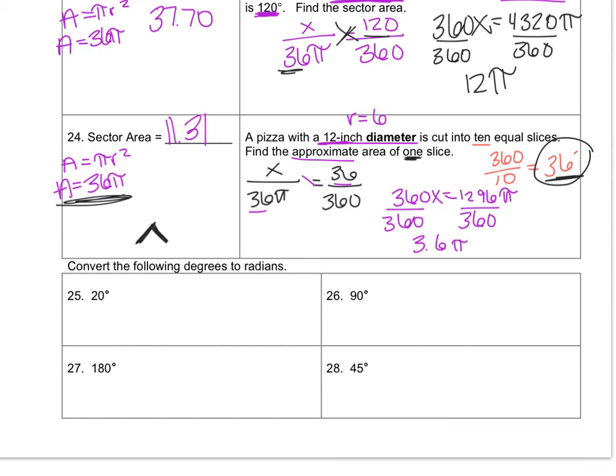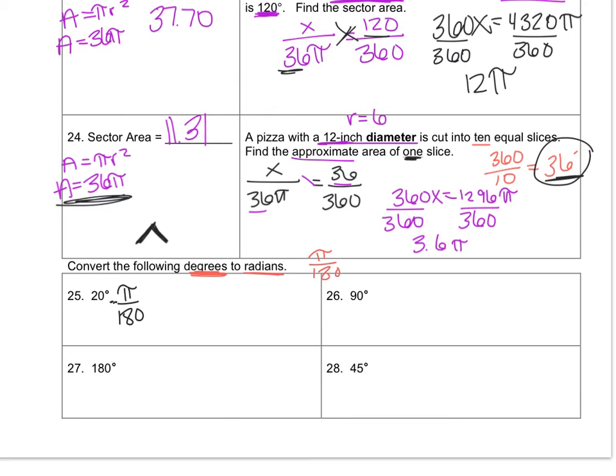Okay, these first four problems, it says convert the following degrees to radians. So the formula to convert degrees to radians is to multiply by pi divided by 180. So we're going to do that for all of these. So I have 120. I'm going to multiply this by pi divided by 180.